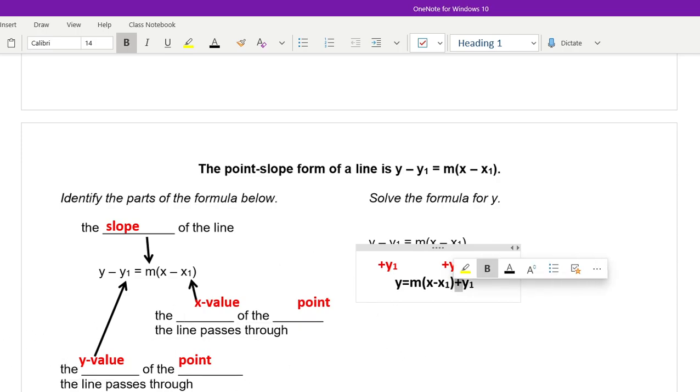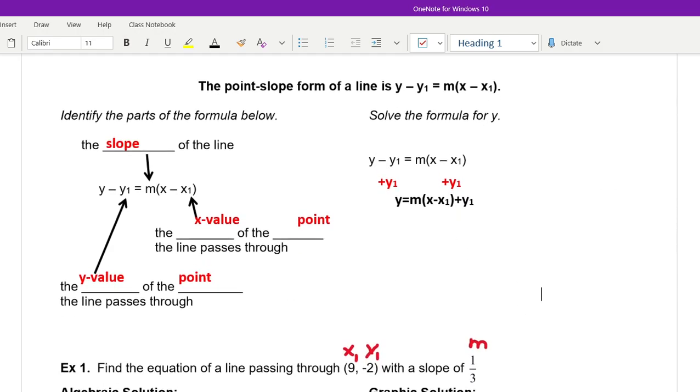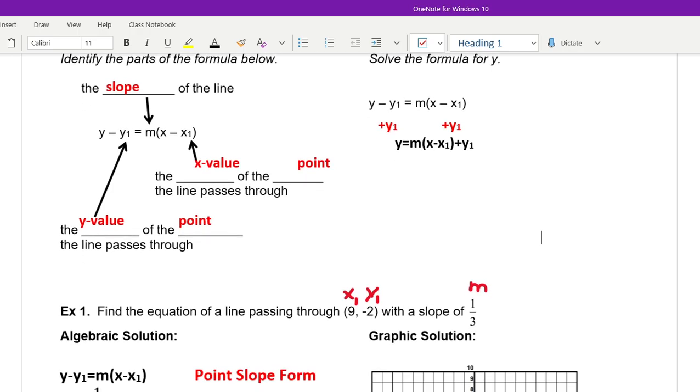When we have the negative y1, when we substitute in values. So in this case, when we substitute in this negative 2, it is going to show as a positive 2.